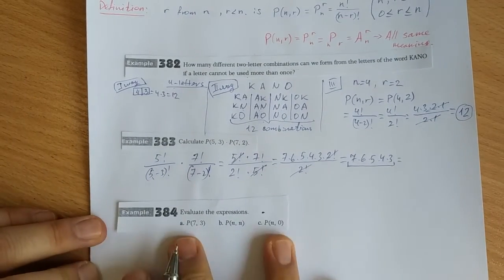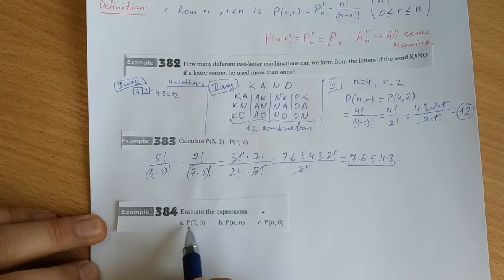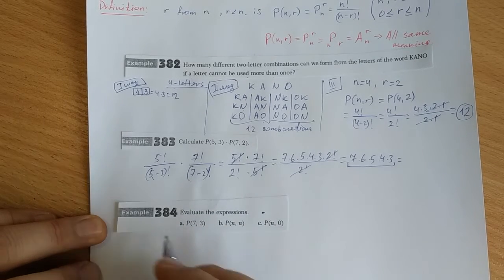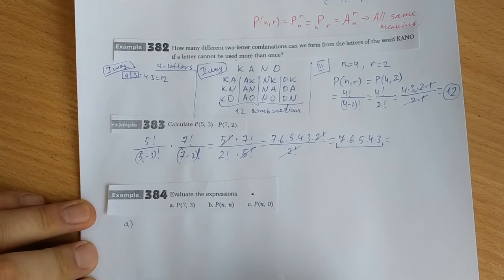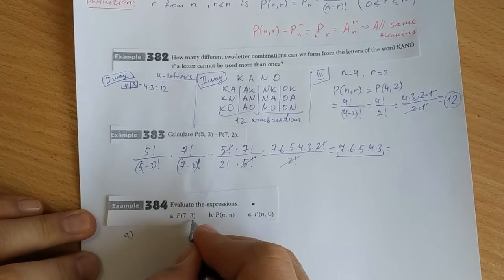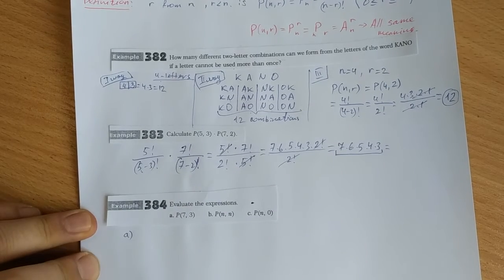Let's continue here and solve this example. We have 3 different permutations: A, B, C. Let's solve A. Among 7 elements, we are selecting 3.